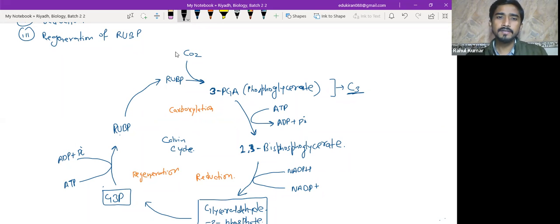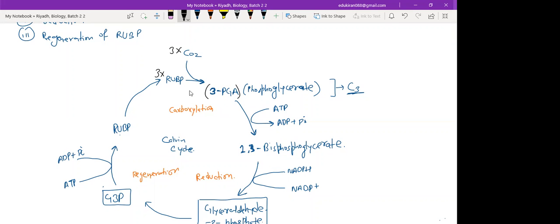To begin with, there are always 3 RuBP molecules which take on 3 CO2 molecules. Now things will start making sense. If we take 3 RuBP and 3 CO2 and we have to make a 3 carbon molecule, how many 3-PGAs will be made?